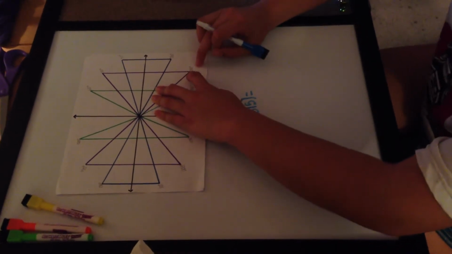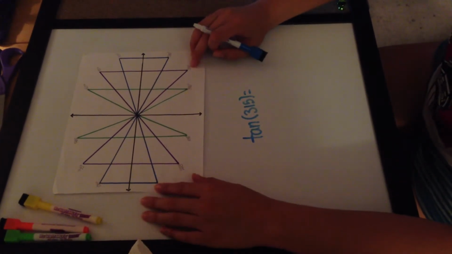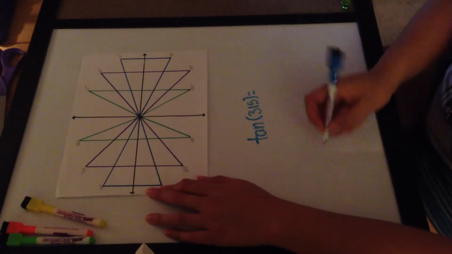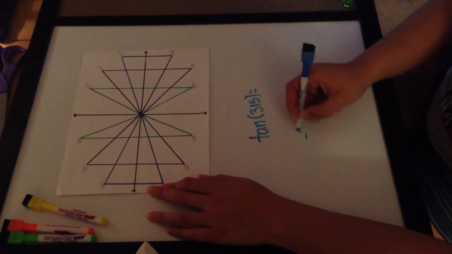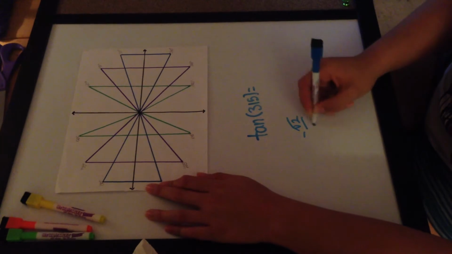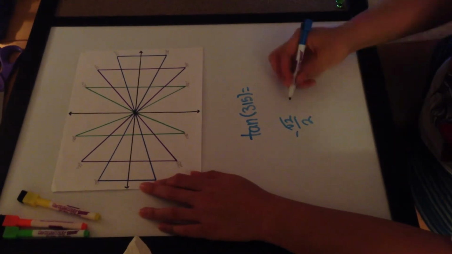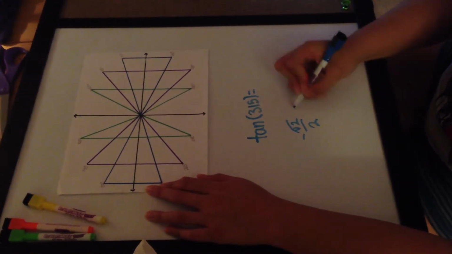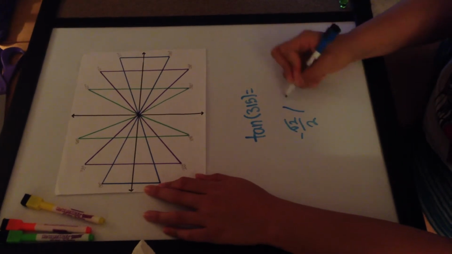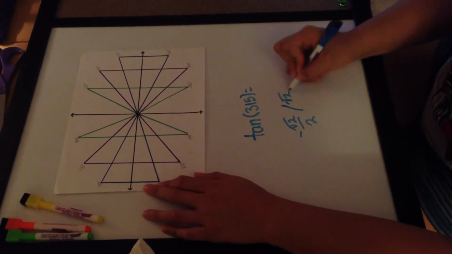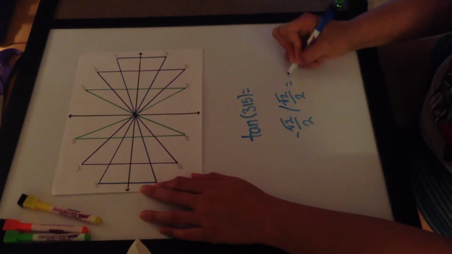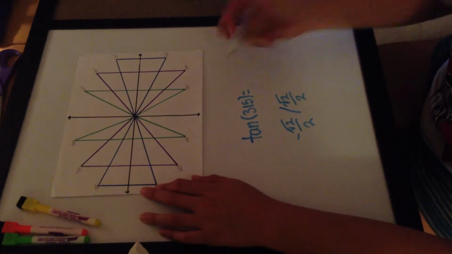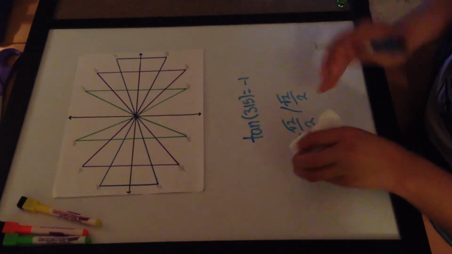The cosine will be positive and the sine will be negative. So what we're going to do here is go negative root 2 over 2, divided by positive root 2 over 2. We'll end up with a negative 1 here.